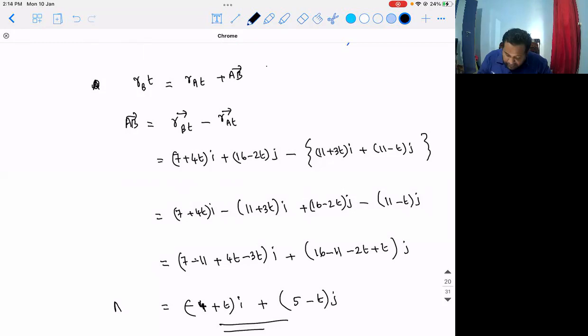So vector AB simplifies to (-4 + t)i + (5 - t)j.